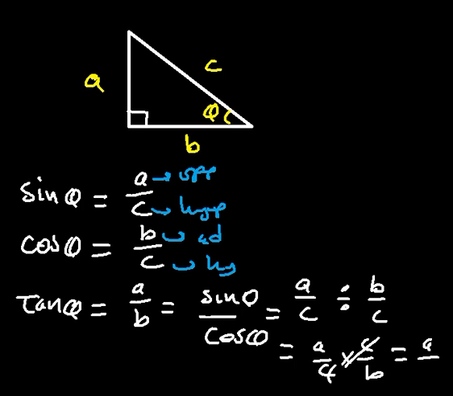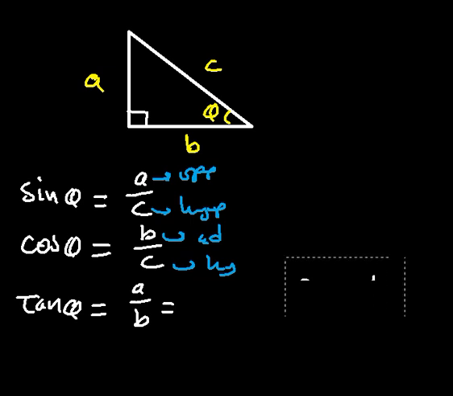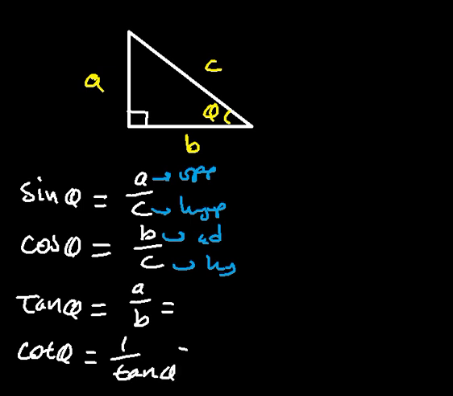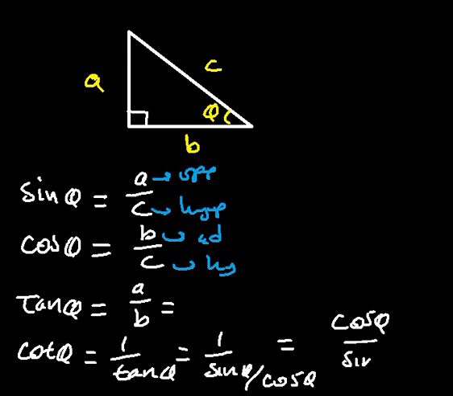And now, apart from that one, we also have the other case, that is cot theta. A cot theta corresponds to 1 over tan theta, which is the same as 1 divided by tan theta. That corresponds to 1 over sin theta over cos theta, which is the same as cos theta divided by sin theta.